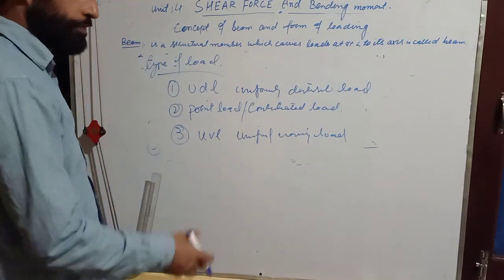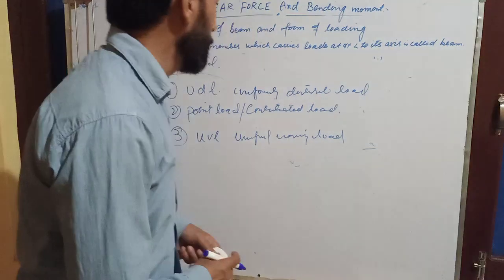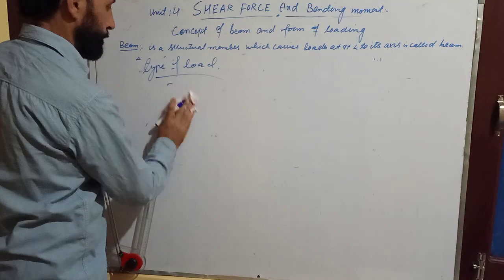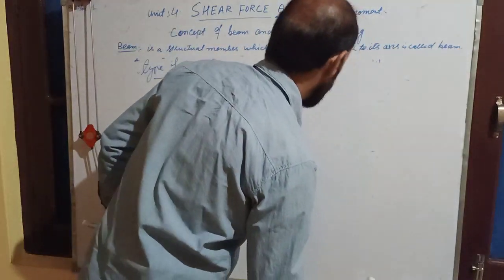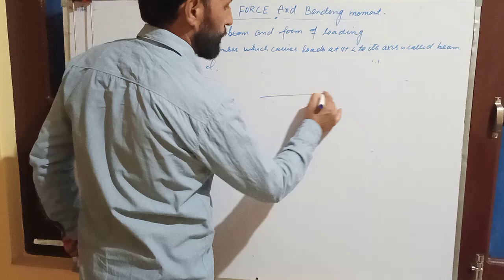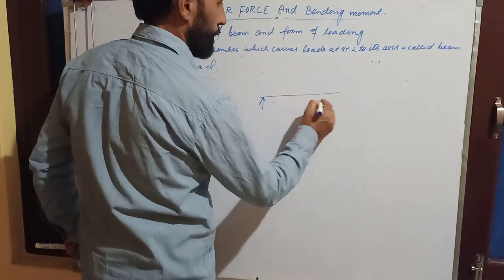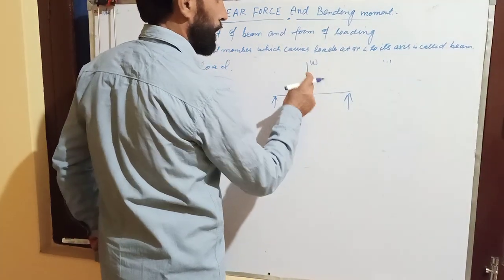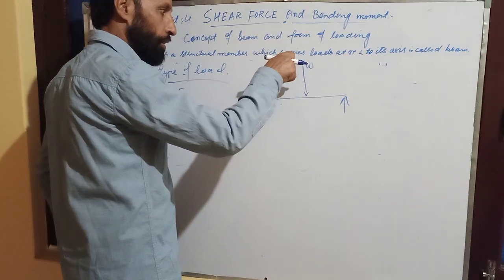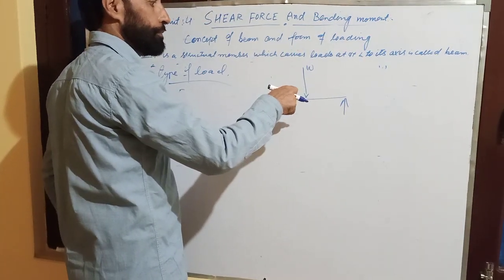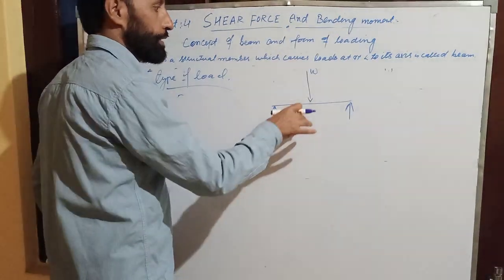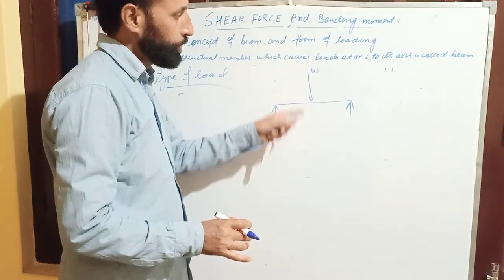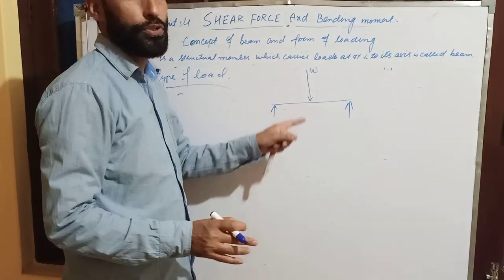First of all, I will tell you what a point load, or concentrated load, is. In the case of a simply supported beam, I will put a load W here. The load which acts at one particular point of the beam, perpendicular to its axis, is known as a point load.